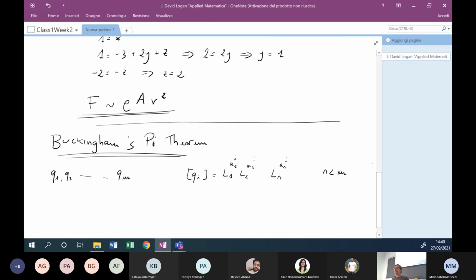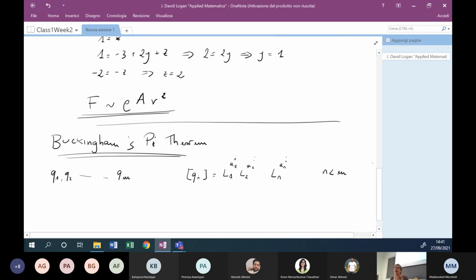Let me comment a second on this. So I'm assuming that all the variables Qi, where Qi is any variable in here, Q1, Q2, Q45, or wherever it is, are dimensionful. So I can find the dimension of Qi, and I know what it is. It's this combination of L1, L2, Ln to the powers A1, A2, and An.